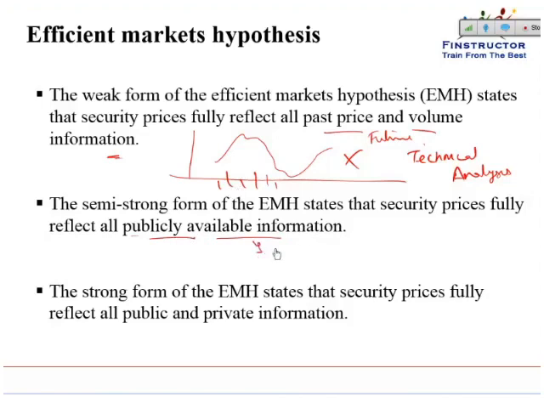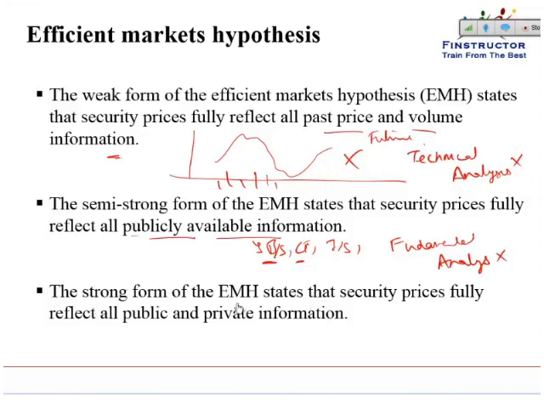All public information, for example, the balance sheet, the cash flow statement, the income statement, any news flow, expansions, acquisitions, whatever the company has disclosed, is discounted in the stock price today. Hence, analyzing balance sheets, cash flows, or doing fundamental analysis is also useless, or it will not give you any excess return.